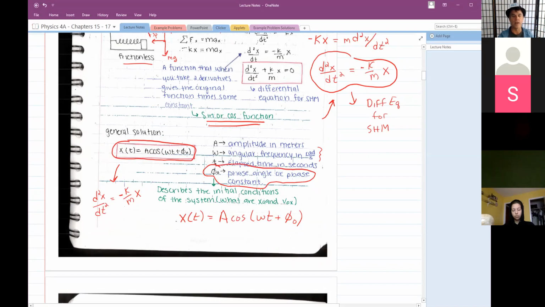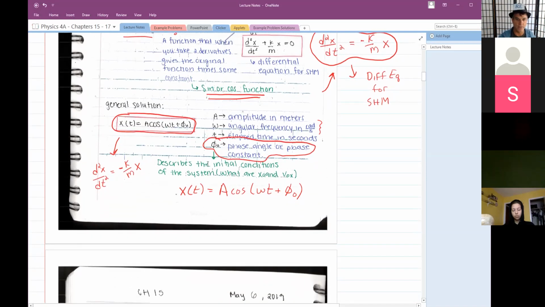Let's just do this real quick. If there was no phase angle, my general solution would just be my position as a function of time equals A times cosine of omega t.